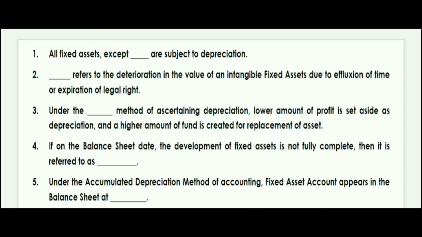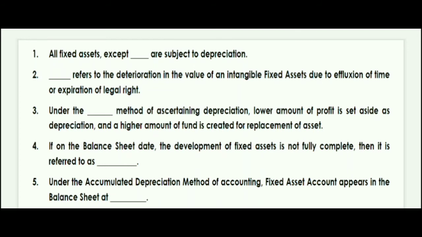Under which method of ascertaining depreciation is a lower amount of profit set aside as depreciation and a higher amount of fund created for replacement of asset? The answer is sinking fund method.